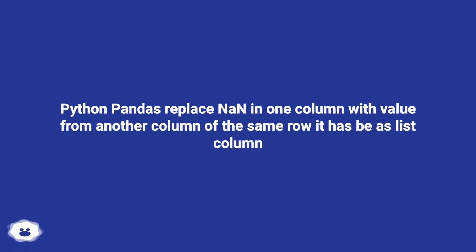Python pandas: replace NaN in one column with the value from another column of the same row. Column B is a list column. Input data frame.